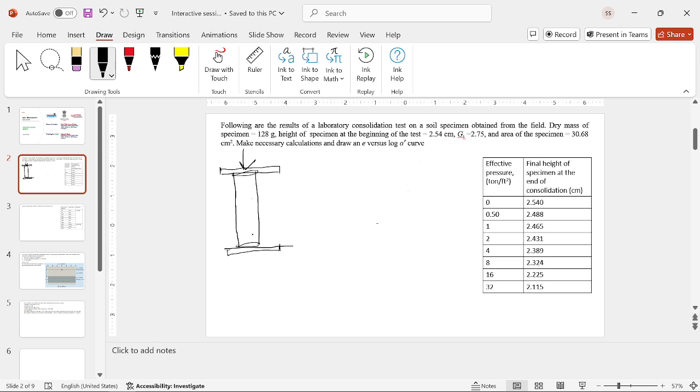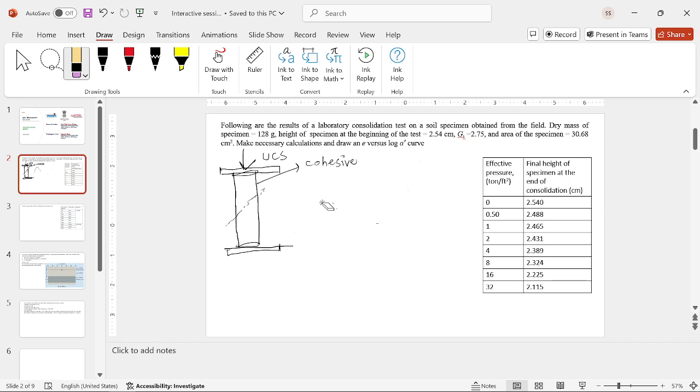This is done on cohesive soils. Why? Because you can't have this kind of a sample for a cohesionless soil. It has to have cohesion for it to be able to form this kind of a sample. If you have a cohesionless soil like a sand, it will just be a pile.